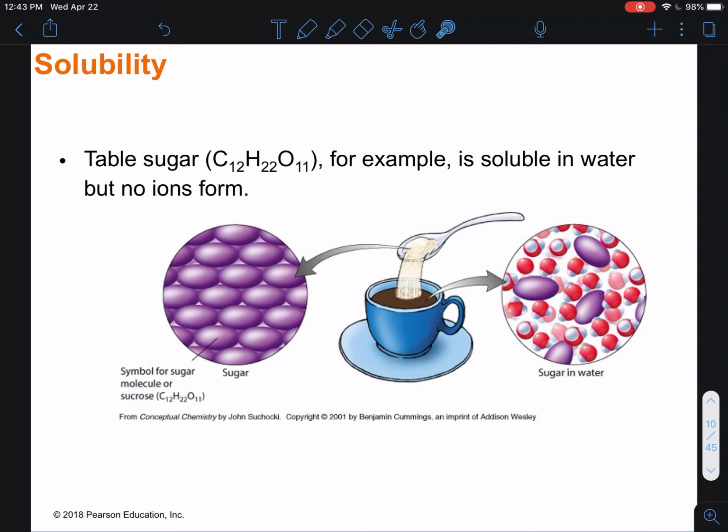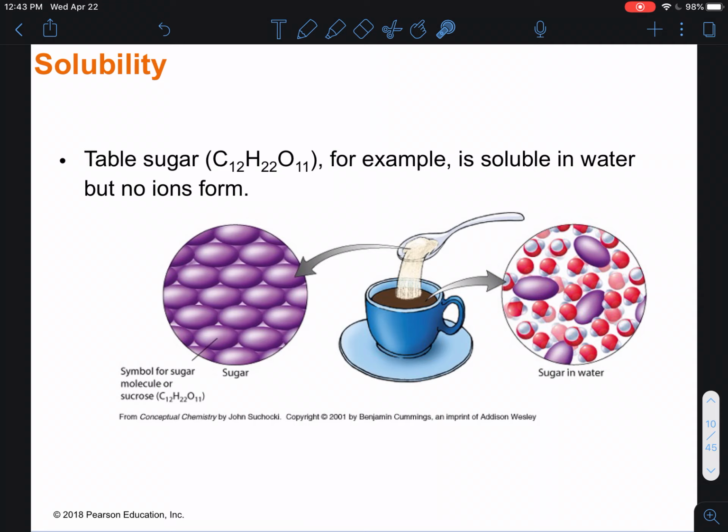Like I said, they break apart these slight attractive forces, and then the sugar molecules do float freely in solution, and they are evenly distributed throughout the hot tea, assuming it's all the same temperature.